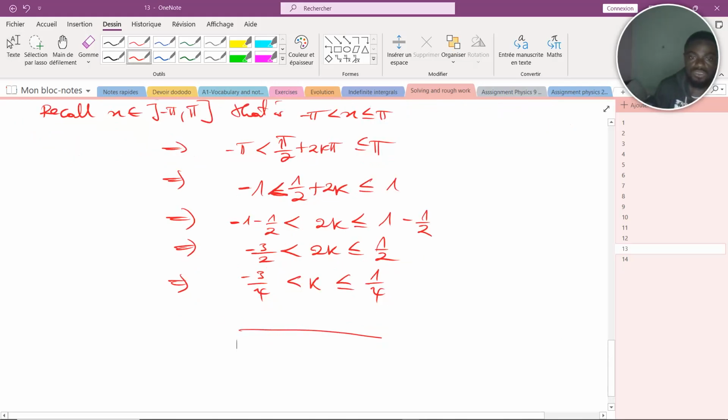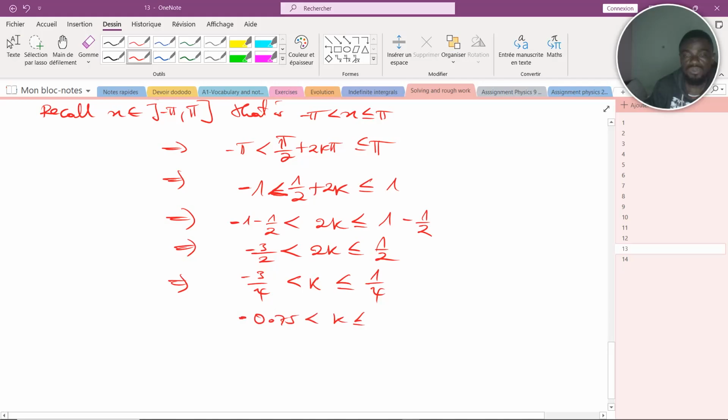Let me first convert that into points. 3 divided by 4. This is minus 0.75.